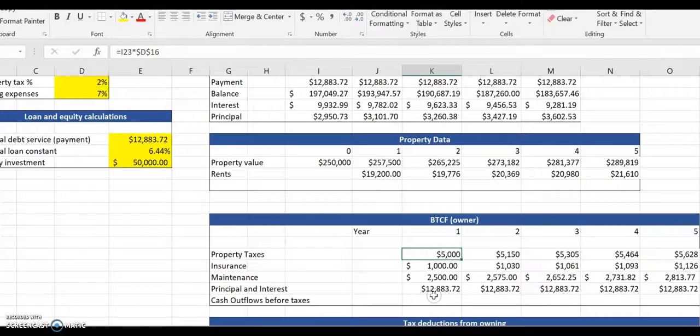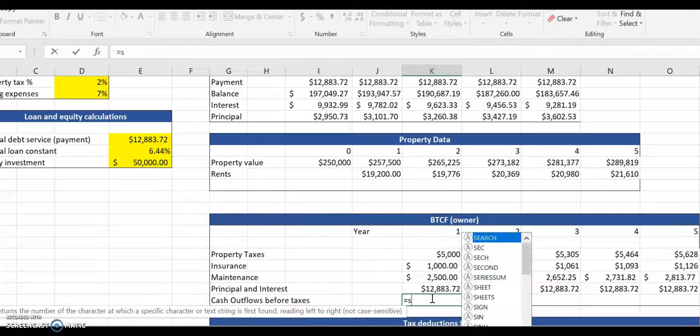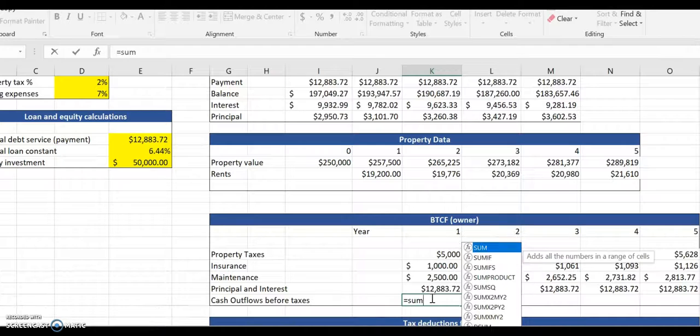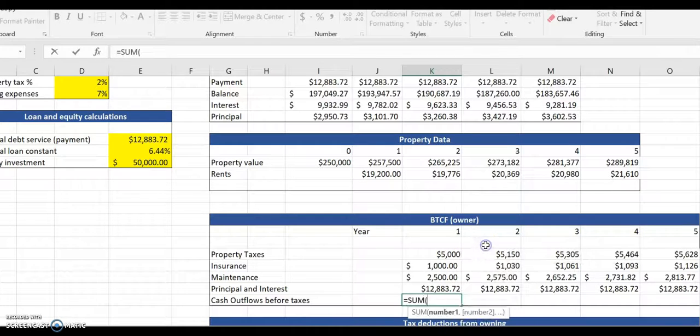Okay, I messed up on this one. We need to use our sum. Draw this, and we can drag that across.